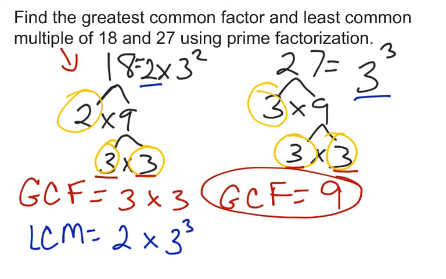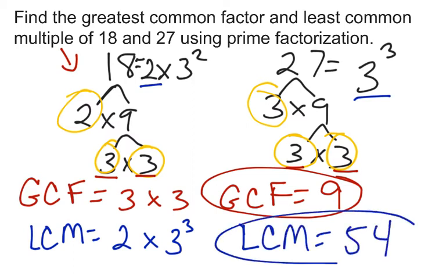Well, we already established 3 to the third power is 27. So 27 times 2, or 27 doubled, which is another way to look at that, is 54. So my least common multiple between 18 and 27 is 54.